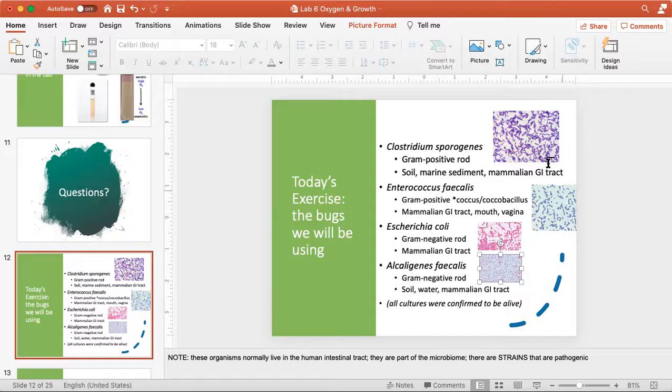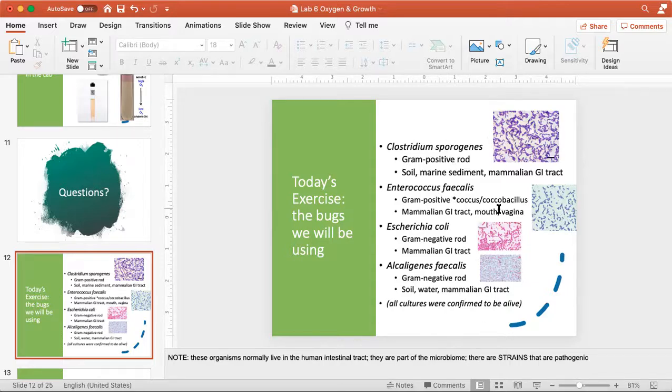So we have 2 gram-positive organisms, and we have 2 gram-negative organisms, and we want to know what their oxygen requirements are. So before I did this experiment, I verified that all of the cultures were alive. And the other thing I want to remind everybody of is that all of these organisms can be found in the gastrointestinal tract.